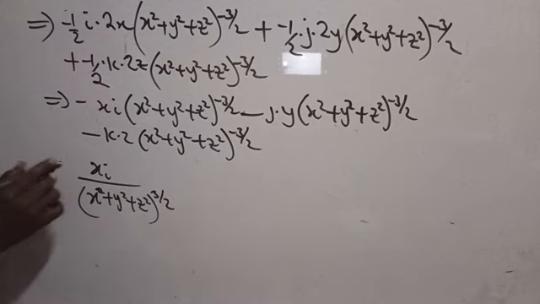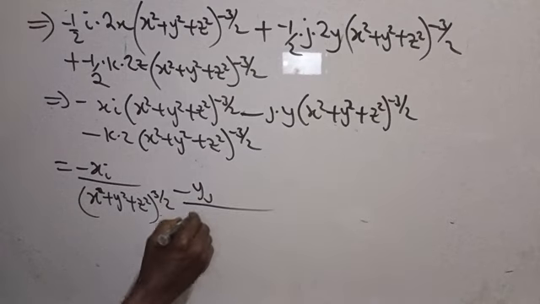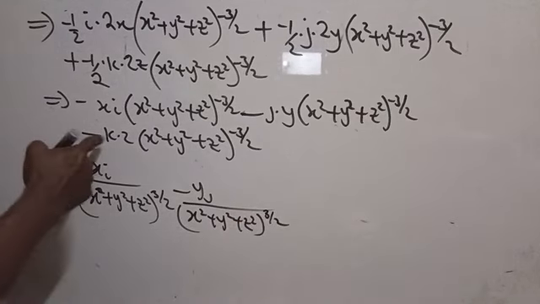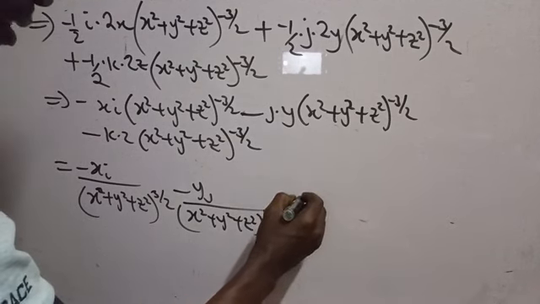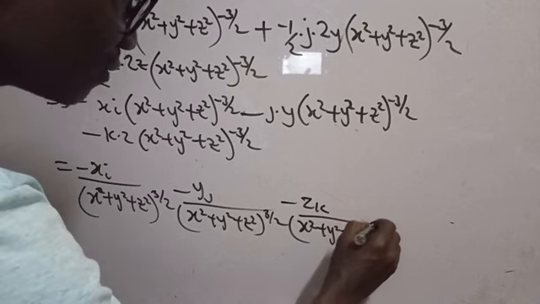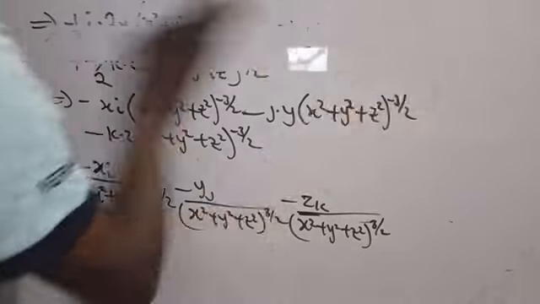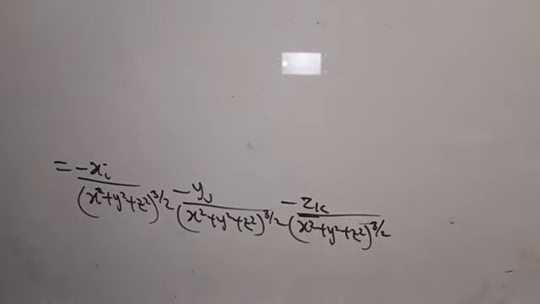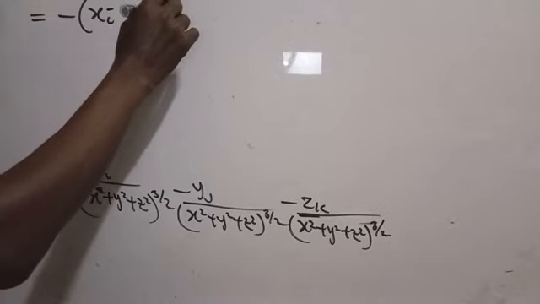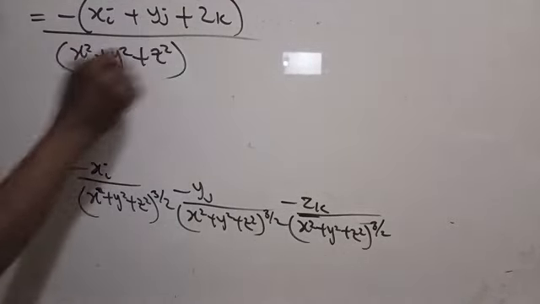Don't make a mistake here: minus xi minus yj all over (x squared plus y squared plus z squared) raised to power 3 over 2, then minus zk all over the same. When it comes down, it becomes plus. Now, final: minus is common, so minus (xi plus yj plus zk) all over (x squared plus y squared plus z squared) raised to power 3 over 2.